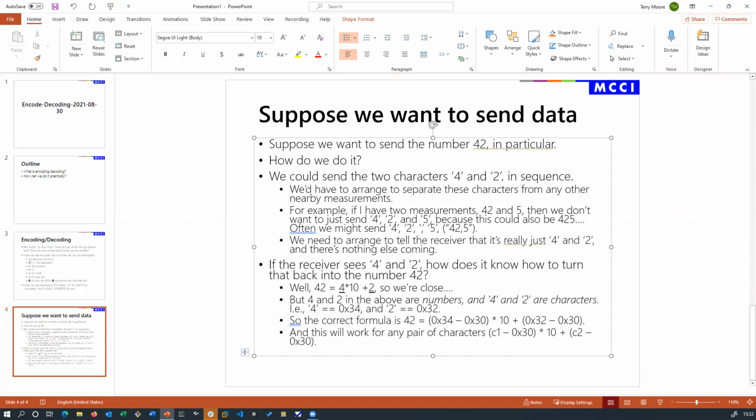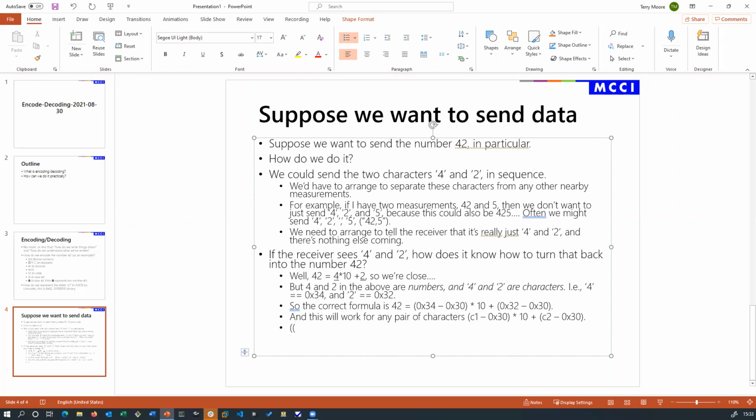If you study this carefully, what would we have to do if a third character came along? Well, it turns out that there's a nice recurrence relationship, if you remember your mathematics. You can just do another multiplication: minus 0x30, times 10, plus C2 minus 0x30.